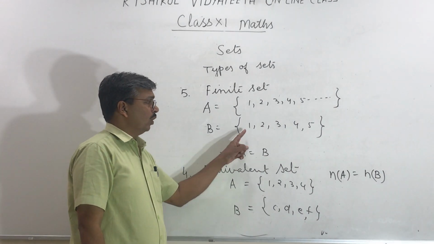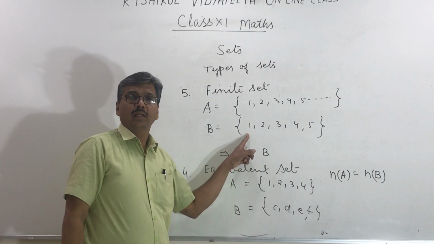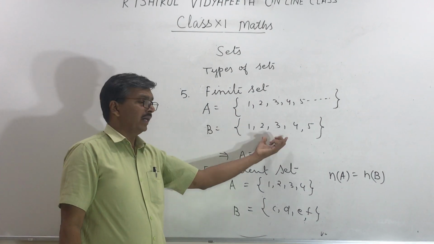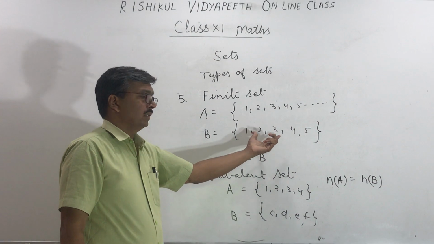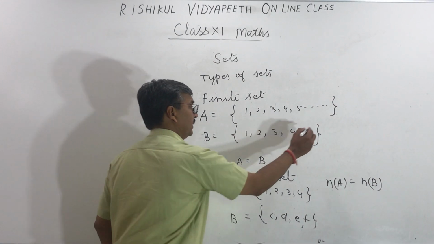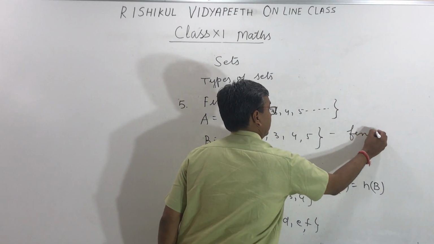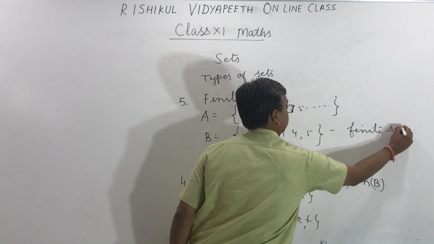The elements of this set are countable. And how many are they? They are 5. And that's why this is known as a finite set.